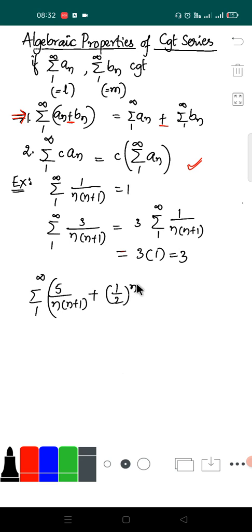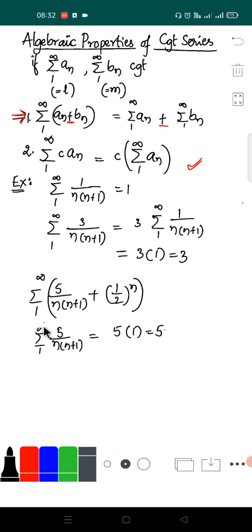If we have a series something like this, how do we find its sum? So we try to analyze the individual terms here. The series 5 by n into n plus 1, like in the above example, converges to 5 into 1, that is 5.